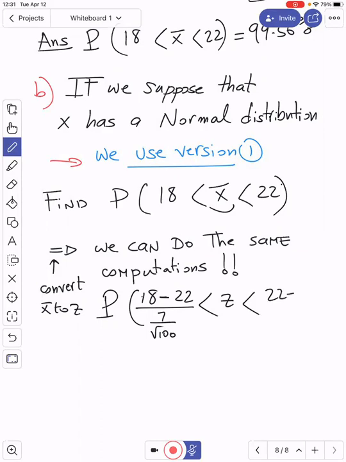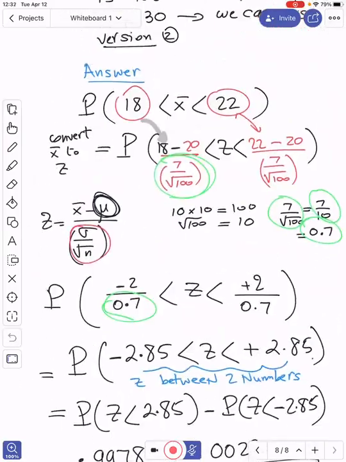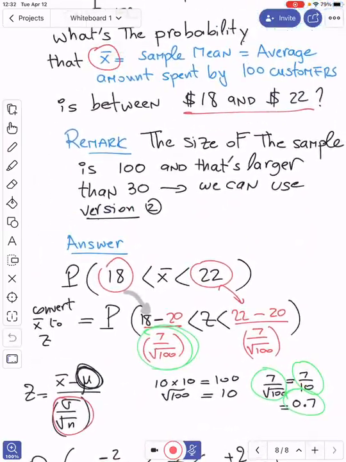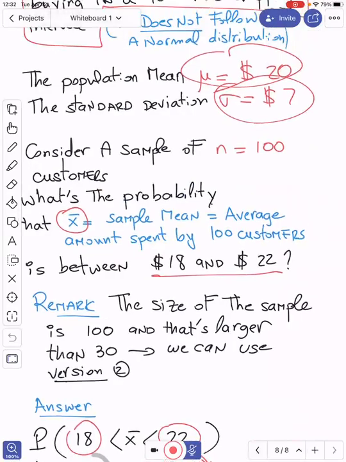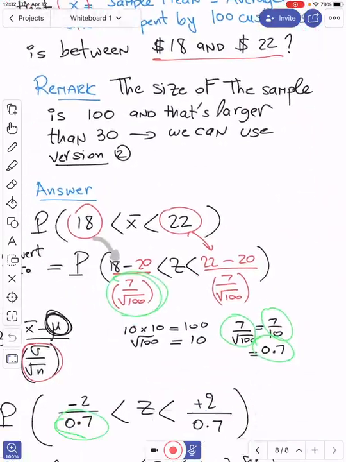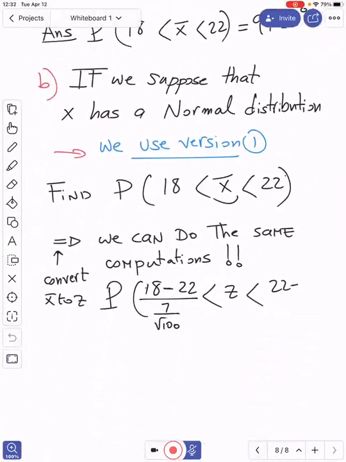Sorry, was 20 the mean? Let me just see again. The mean is, we said, 20. So it's 18 minus 20, of course, minus 20 over 7 over square root of 100, and the same thing on the other side.